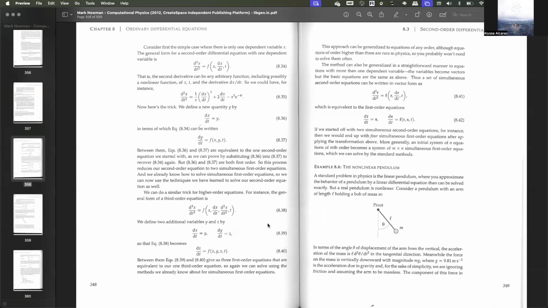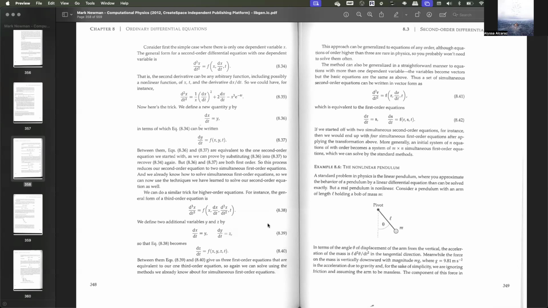Essentially, this is showing us where x is the dependent variable, t is the independent variable, and then dx/dt is the first derivative.